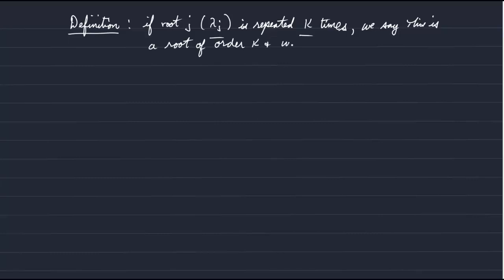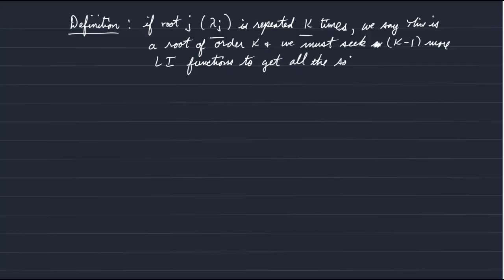And we must therefore seek k minus 1 more linearly independent functions to get all the solutions associated with that repeated root, lambda j.